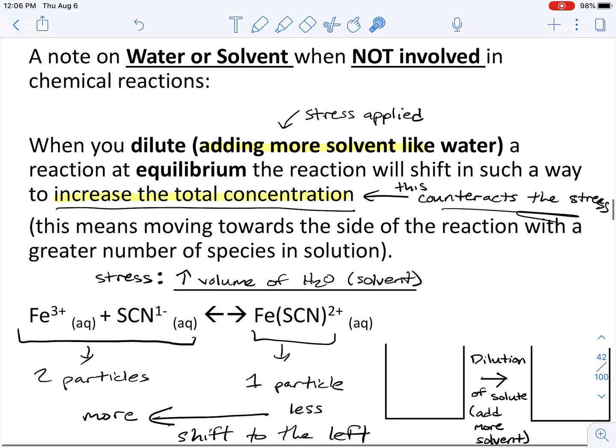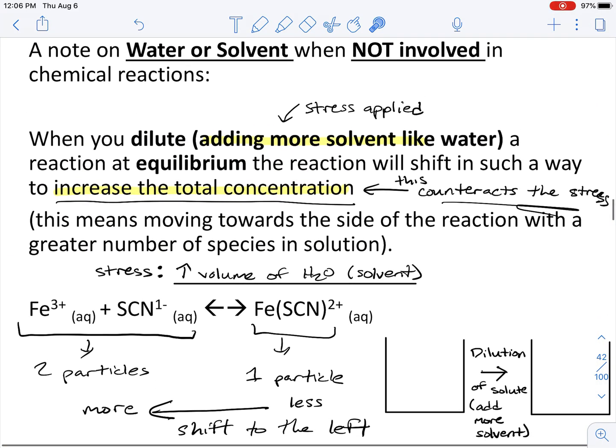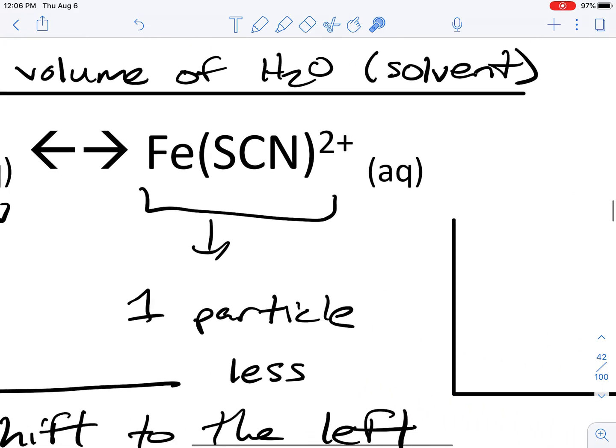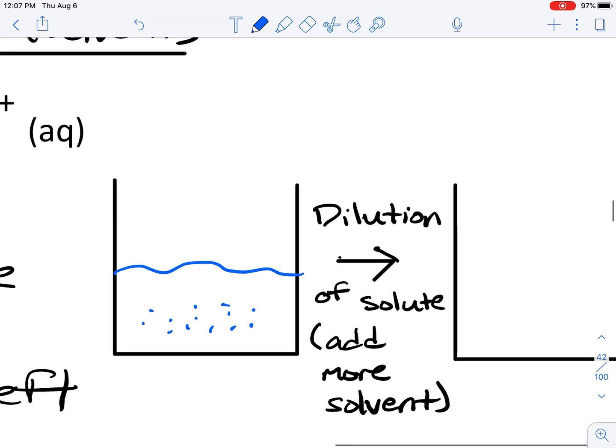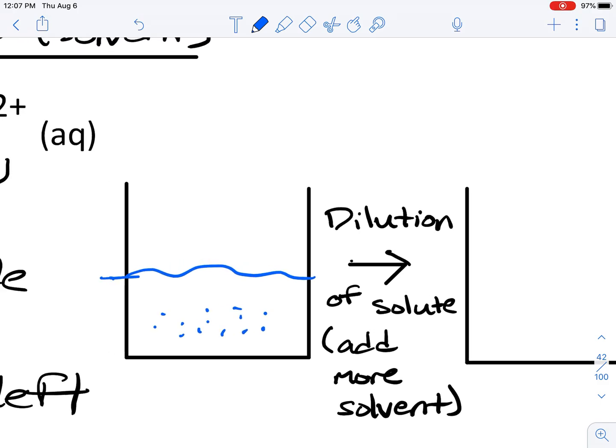And so we saw the opposite effect when we increase the volume of an aqueous solution. And one way to do that is by adding more solvent. And so if we put some particles here, and let's say that the original volume of this aqueous solution was this amount.